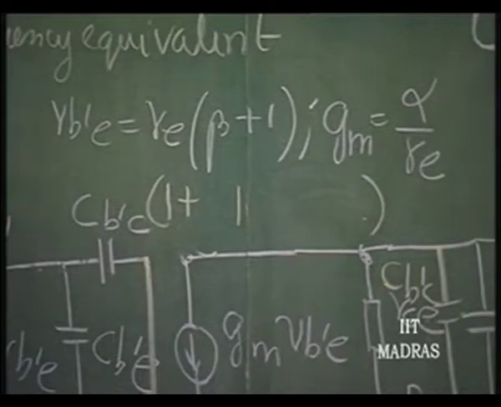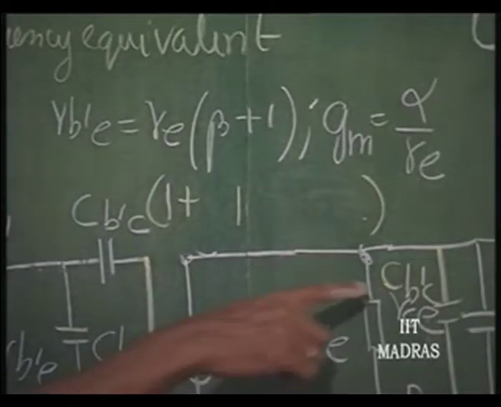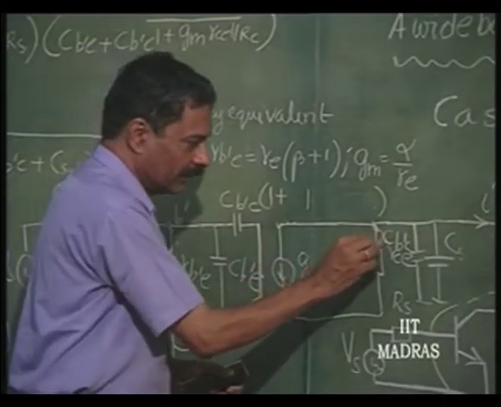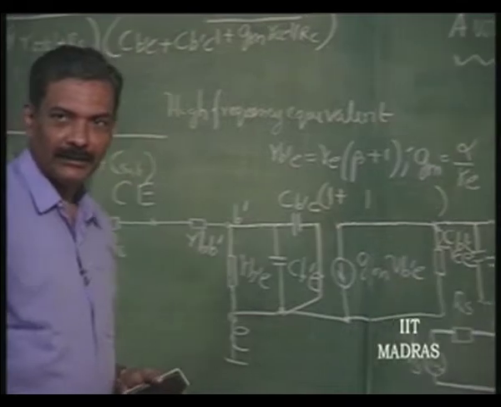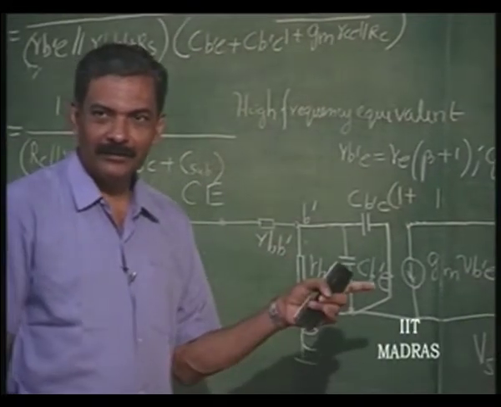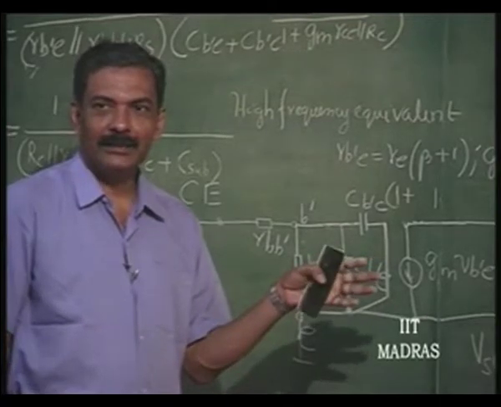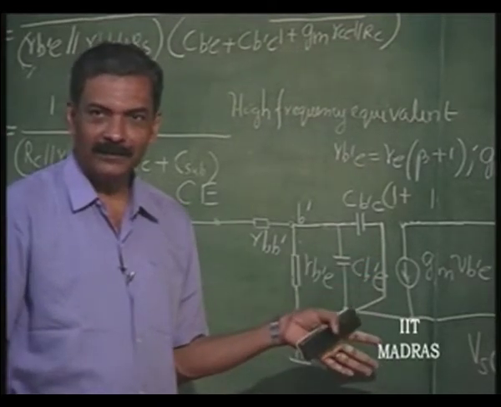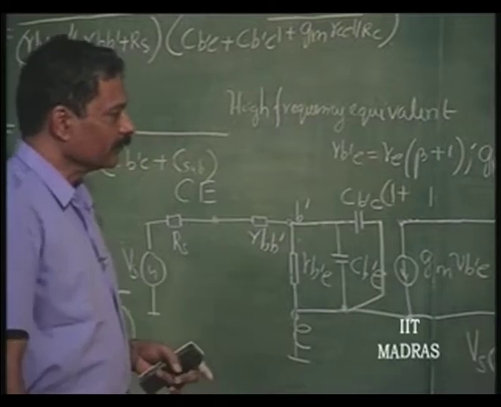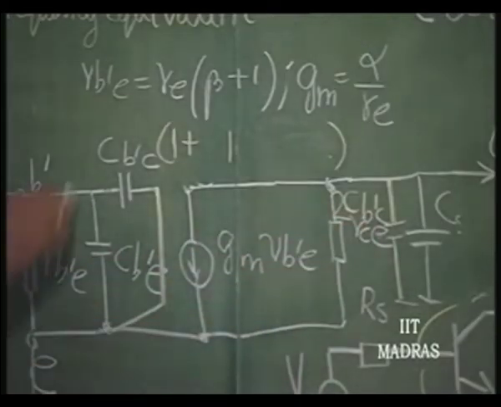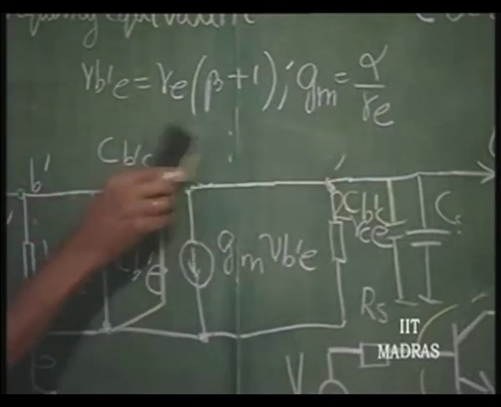Okay. And by the same token, this Cb dash C will be 1 plus 1, that is 2, that is an increase here, right, because the gain is now not negligible. So, the output voltage and input voltage, they are of the same magnitude, but opposite in phase, right.